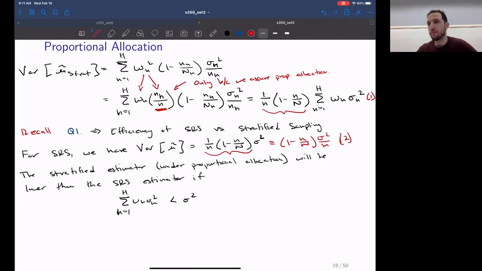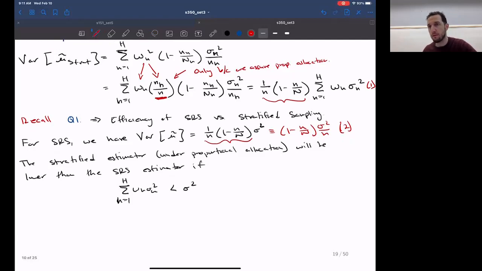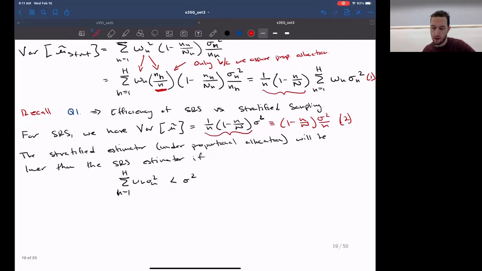So therefore, if the more efficient approach or the better approach, depending on how you want to think about it, is the one with the lower variation, then we can show that the stratified estimator will be more efficient whenever the sum of the weighted variances is less than the overall variance for the entire study. Okay, so that's the main result from a direct comparison of the two.